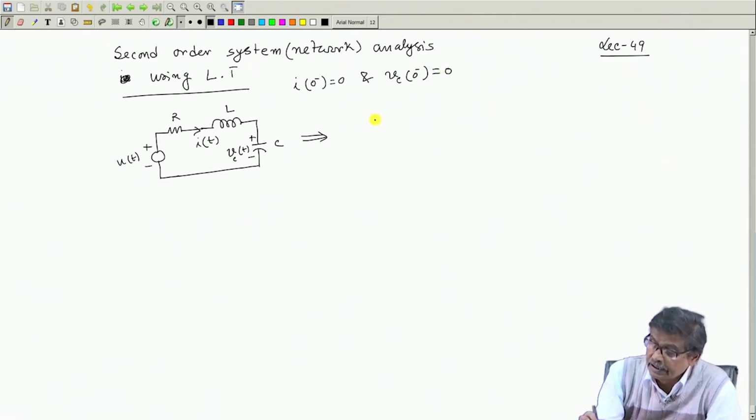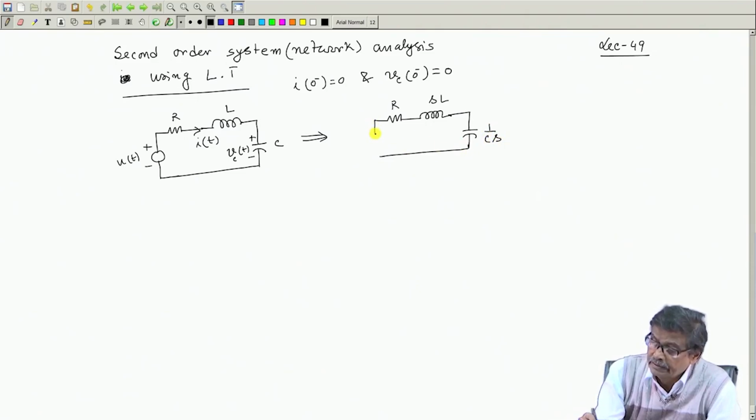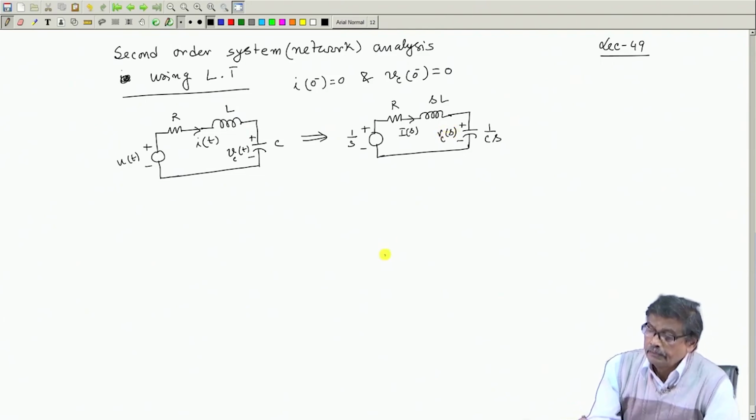So the circuit is redrawn like this: R, sL, and 1 over Cs, and here the Laplace transform of the voltage, which is a unit step, so 1 over s, and I will show this to be my I(s) and this to be my VC(s).